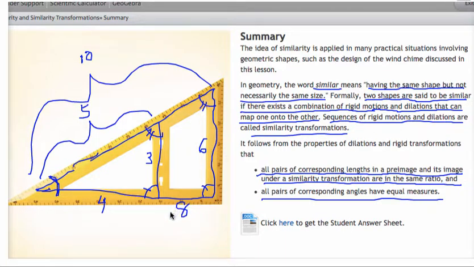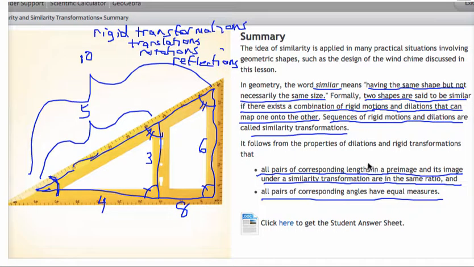Now, the definition of similarity in terms of similarity transformations means that you can perform a series of rigid and non-rigid transformations to map one triangle onto the other. And keep in mind, rigid transformations include translations, rotations, and reflections, and rigid transformations do not change side lengths or angle measures of a figure.